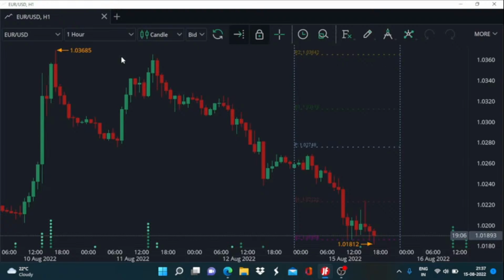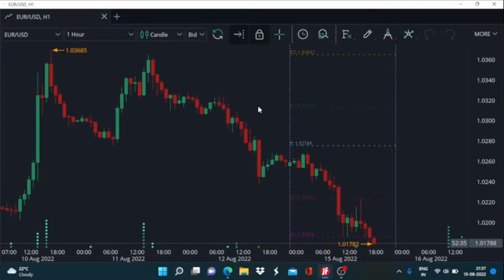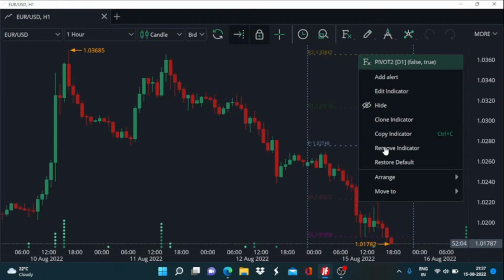This is the Euro USD chart drawn on the hourly time frame. This was drawn for the last session. I will have to remove it. It is taking a little time. All right, so here, remove indicator.